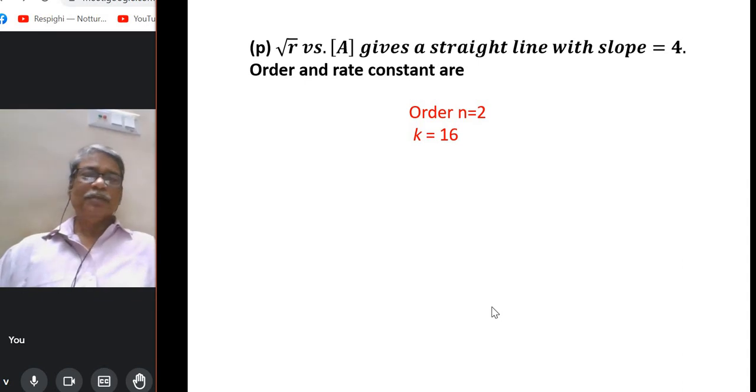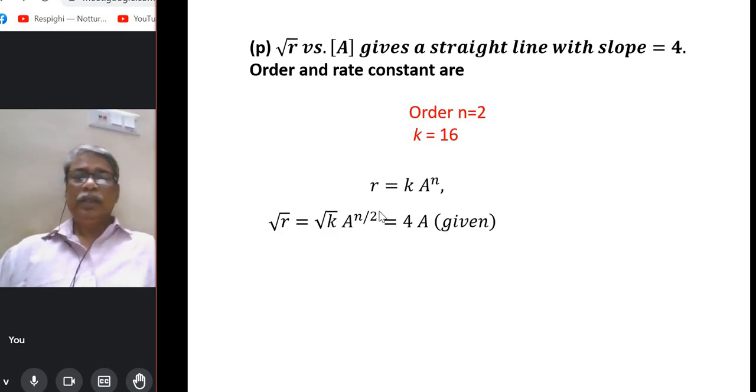And the last question: square root of rate versus concentration gives a straight line with slope equal to 4. What are the order and rate constant? The answer is order is 2 and rate constant is 16 with units. How? So R is k a to the power n. If you take the square root of both sides, root R is root k a to the power n by 2, and according to the question it is given as 4a, because it's a plot of root R versus a and the slope is 4, so 4a.